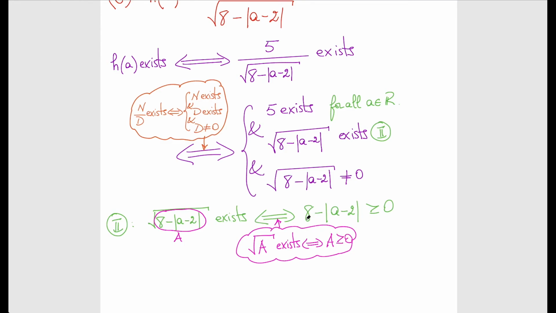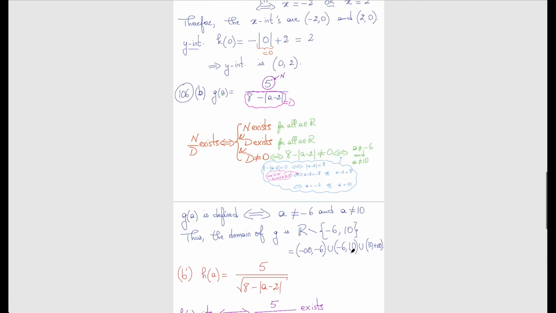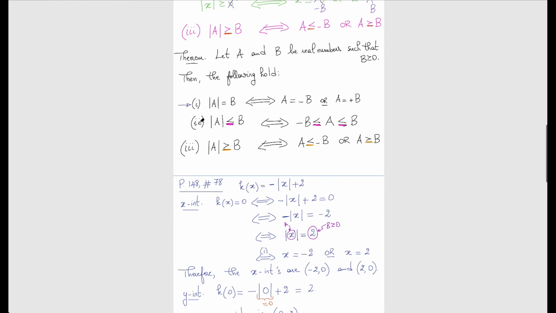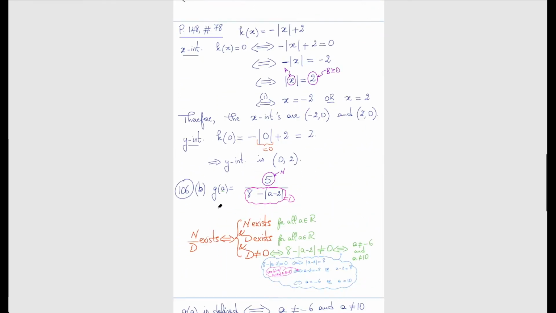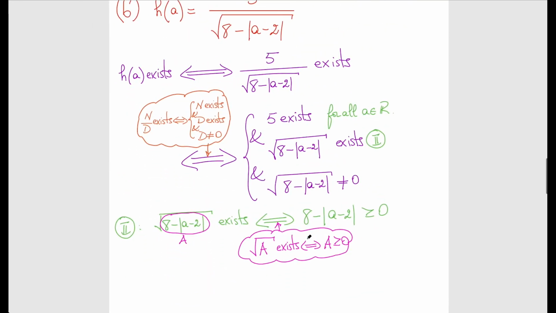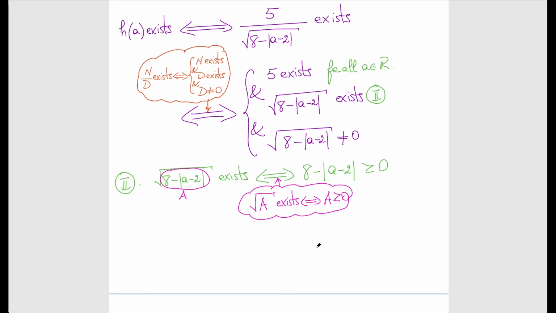Okay? Alright, so this becomes an absolute value inequality, and we do have properties that can handle that, right? Properties 2 or 3. It's one or the other, correct? So let's check which one. To do so, I need to isolate the absolute value by itself and everything else to the other side.